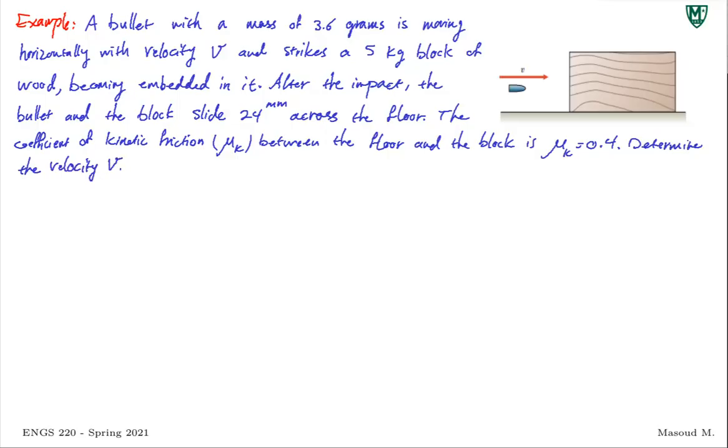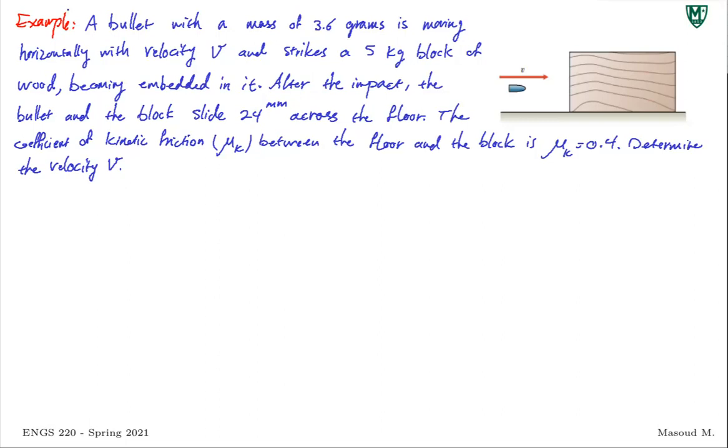So again, the bullet's mass is 3.6 grams, going with velocity v. We don't know what this velocity v is, which means we have an impact between two objects but don't know the initial velocity of one of them. The block of wood is just sitting on the ground, so its initial velocity is 0, and its mass is 5 kilograms.